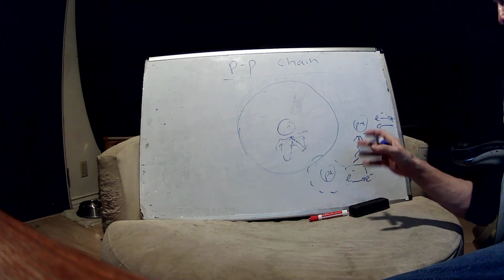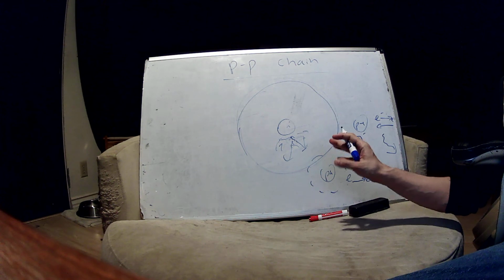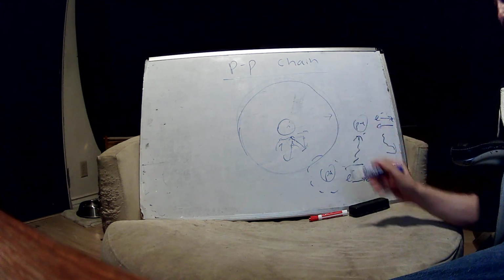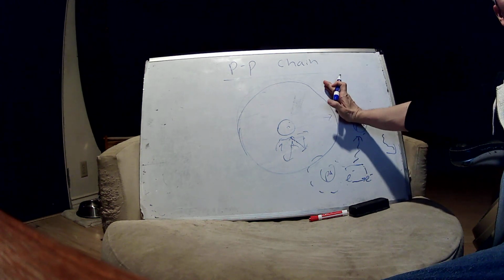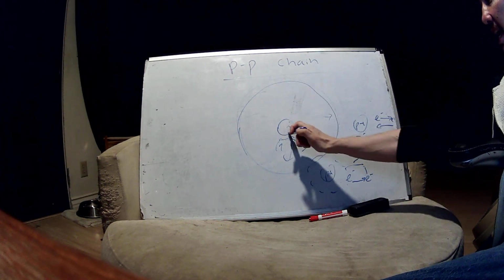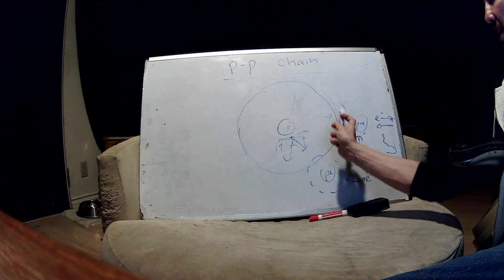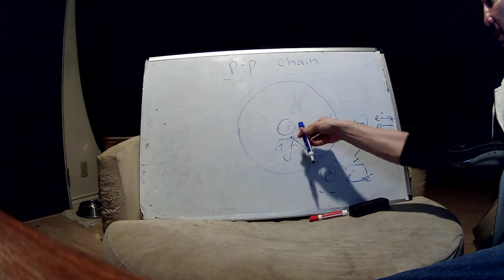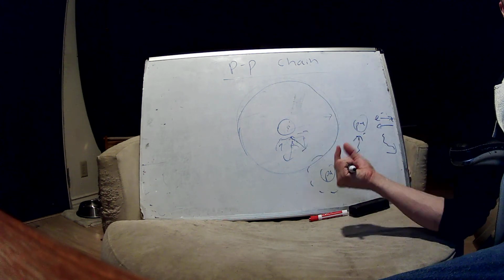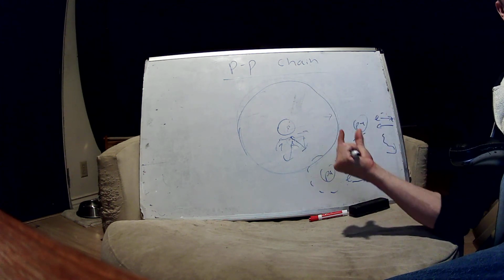theoretically, over the course of time, you will make it to the surface because matter is less dense at the surface than it is at the core. So let's say you get emitted, like 1 billion times or whatever. Every time that you get emitted toward the surface, you're going to go a little bit farther.